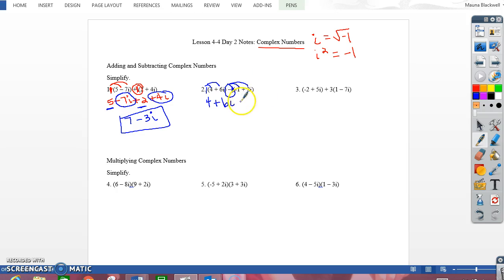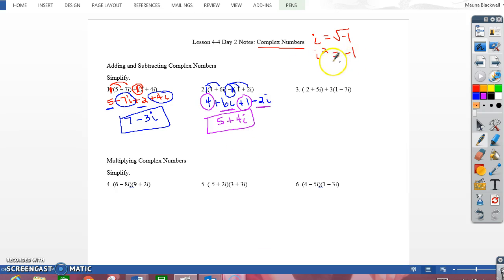Remember when we distribute a negative, it changes the sign, so this will be plus 1 minus 2i. And then we go back and clean it up and combine our like terms. So we have 4 plus 1, which is 5, and then 6i minus 2i would be 4i, and we leave it just like that.